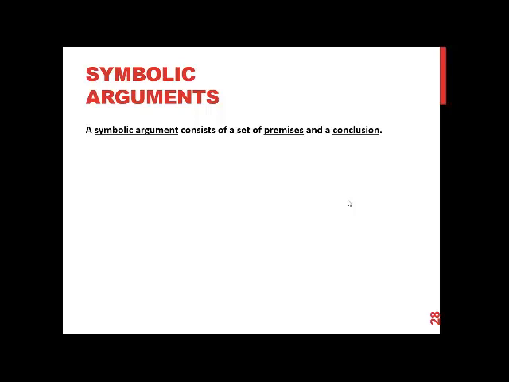Symbolic arguments. This will be the last section of our symbolic logic. A symbolic argument consists of a set of premises and a conclusion. We say that an argument is valid when the conclusion necessarily comes from a given set of premises.